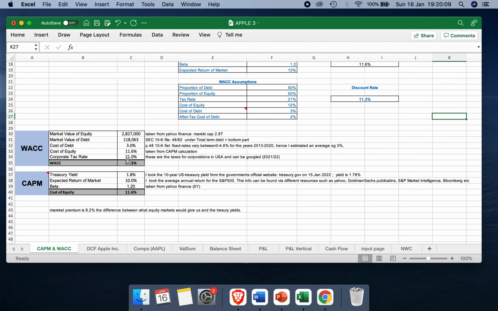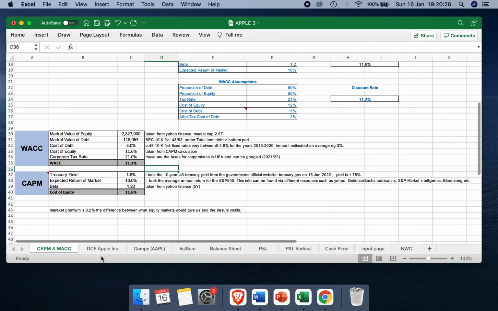And then Excel did pretty much the rest for me. This is just the formula we learned in our lessons, and I applied it on Excel, and then I was able to calculate the WACC, the discount factor.